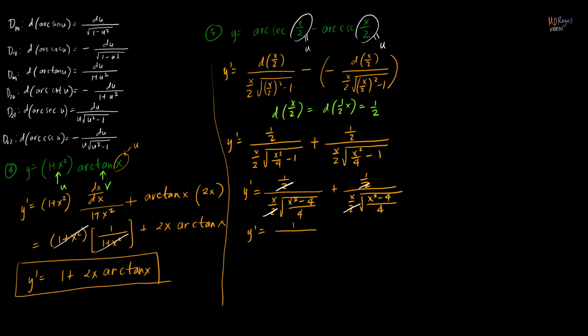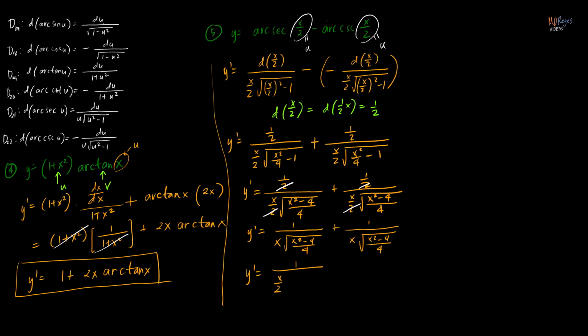just 1 in the numerator over x times the square root of x squared minus 4 over 4, plus 1 over x times the square root of x squared minus 4 over 4. But we can take the square root of 1/4 in the denominator, so we can write our answer. y prime equals 1 over x over 2.